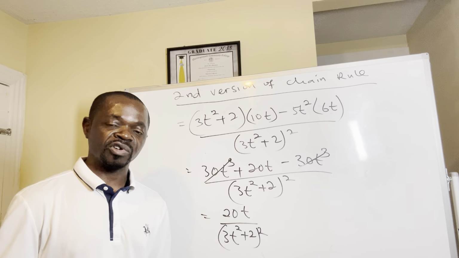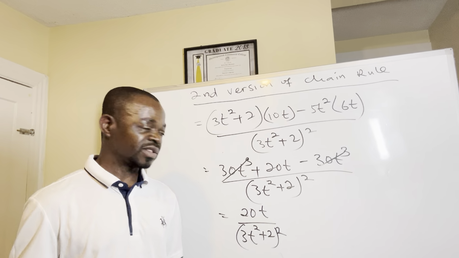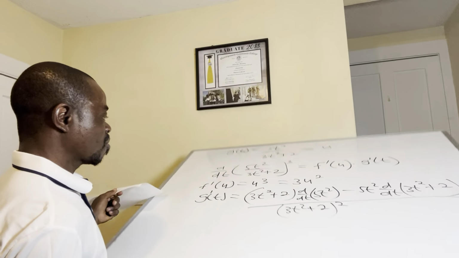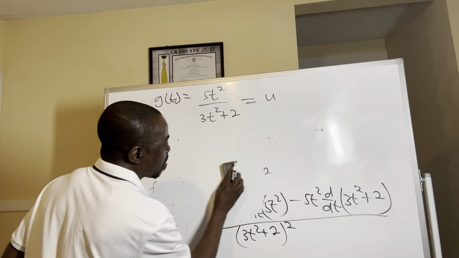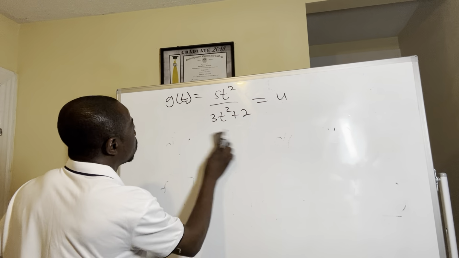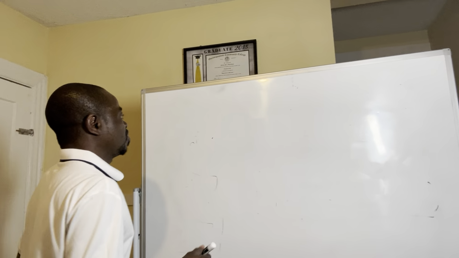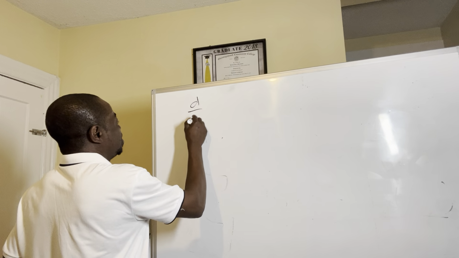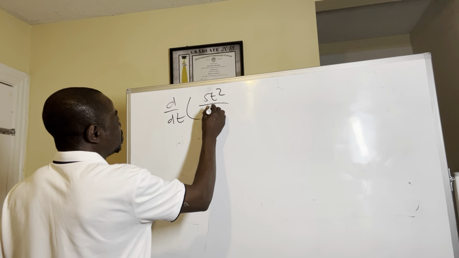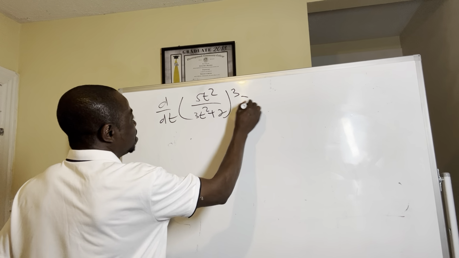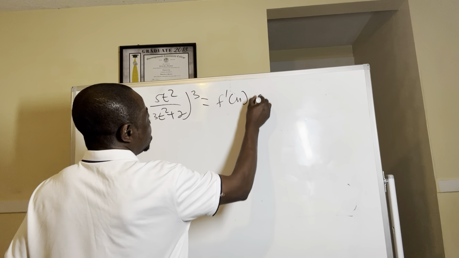So we can now simply multiply g prime of t by f prime of u, and then we'll solve for our answer. So our d/dt of 5t squared all over 3t squared plus 2, all raised to the power 3, is now equal to our f prime of u multiplied by our g prime of t.